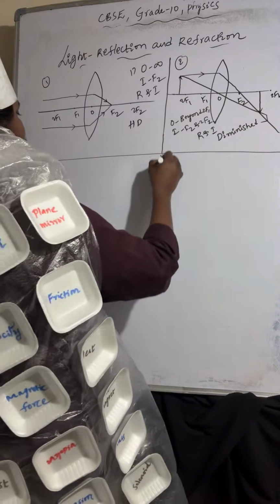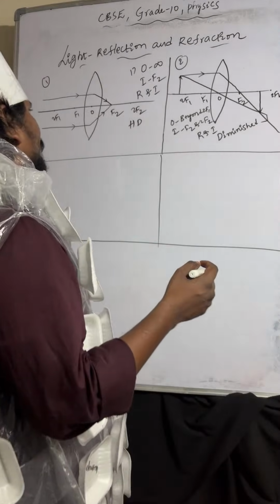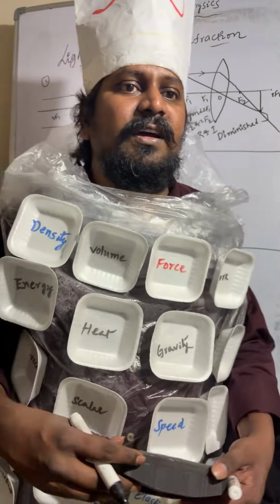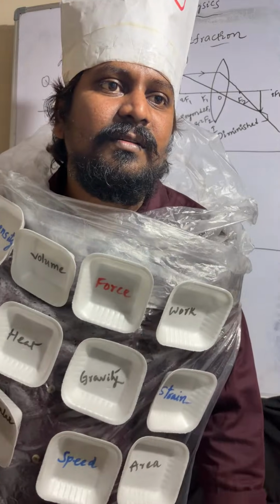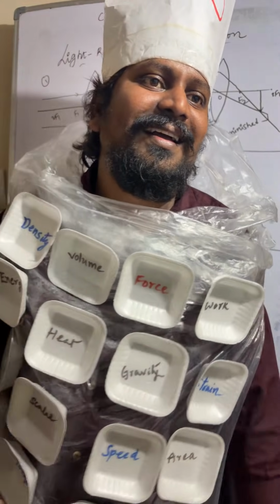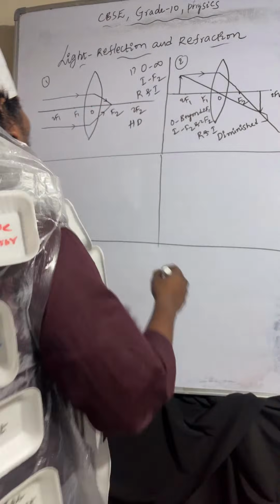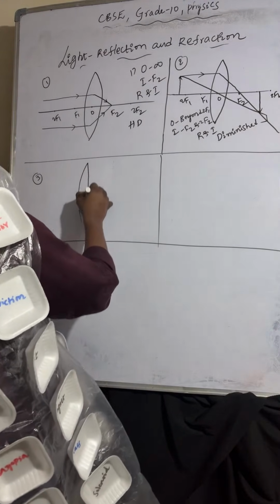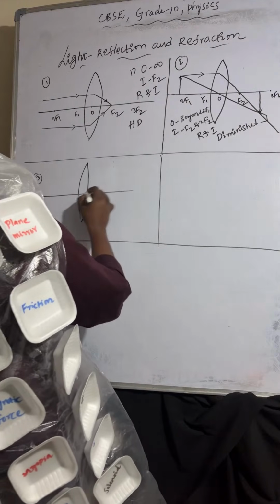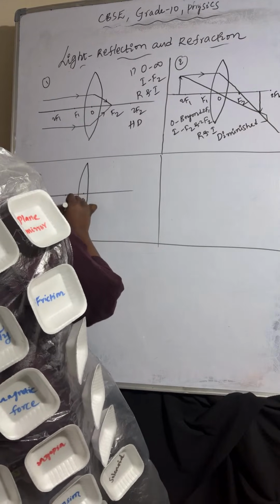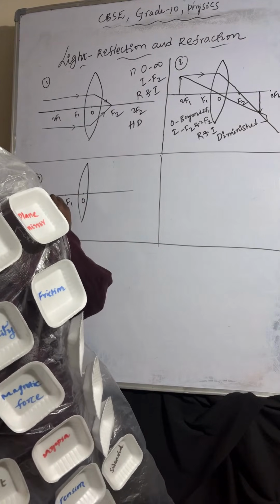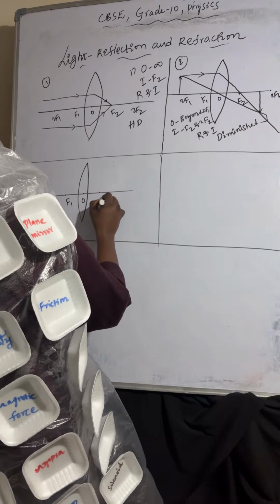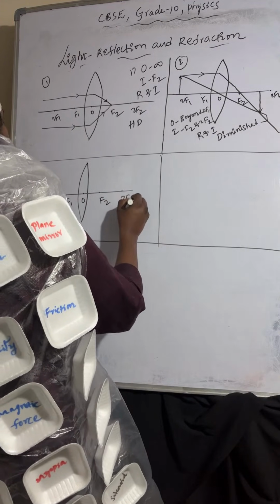Third one. Object is placed at 2F1. Here I am taking the light ray passing through the optic center: F1, 2F1, F2, 2F2.